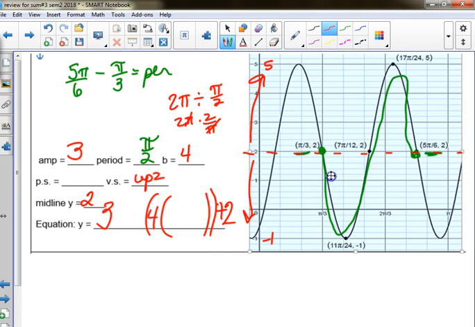What shape do you want to do? A positive sine or a negative sine? If you do a negative sine, that's what I have shown in green right there. You could do a positive sine, a positive cosine, or a negative cosine. You just have different points.